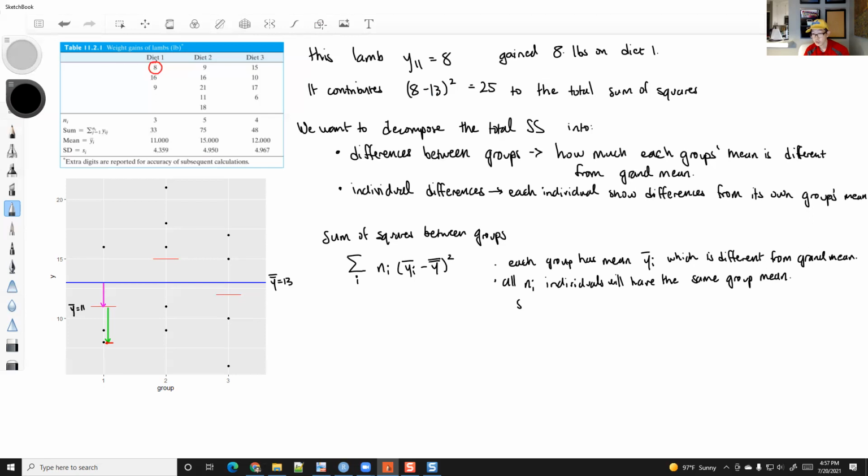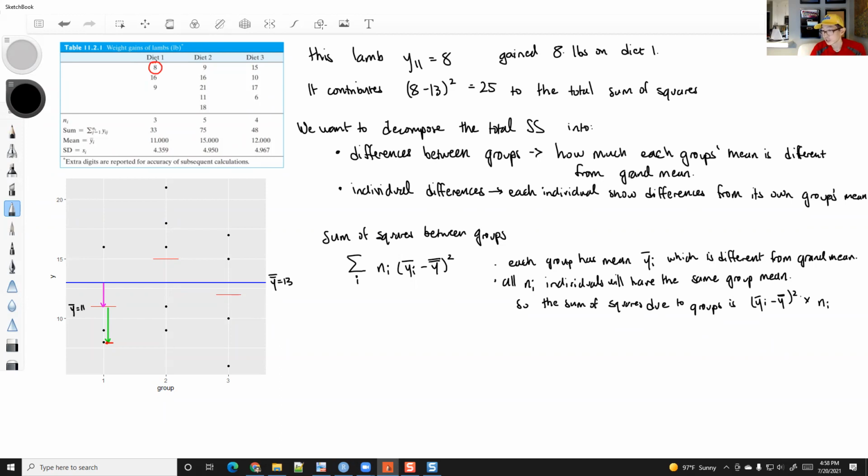So the sum of squares due to groups is going to be basically y bar i minus y double bar, times n sub i.